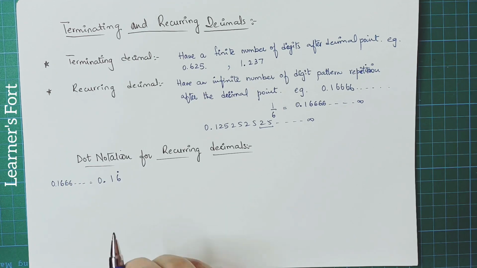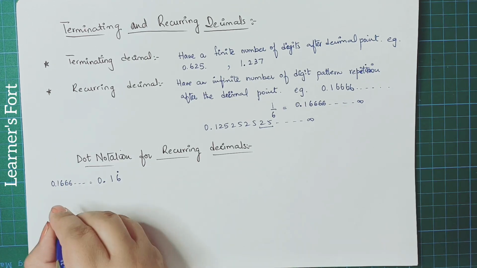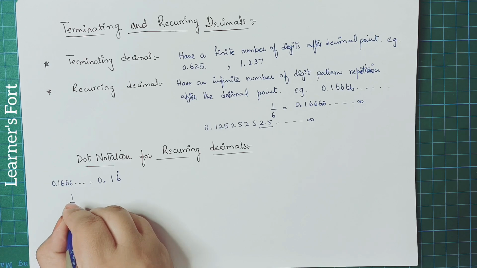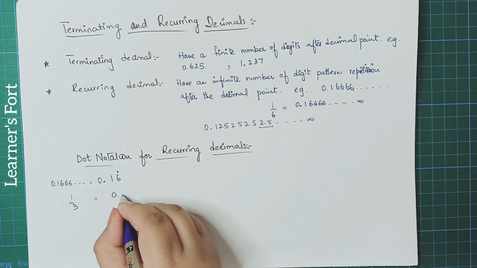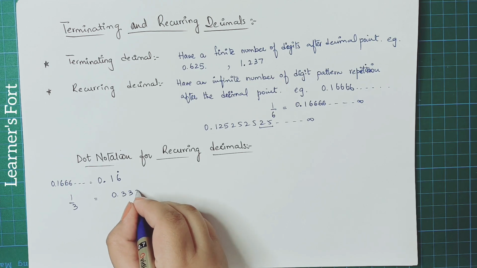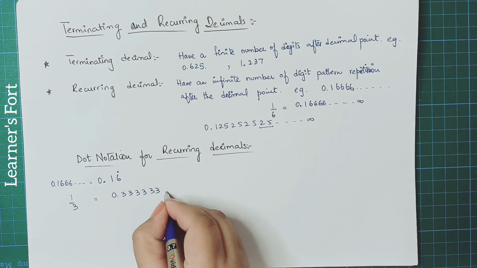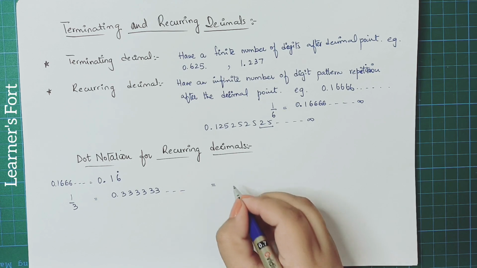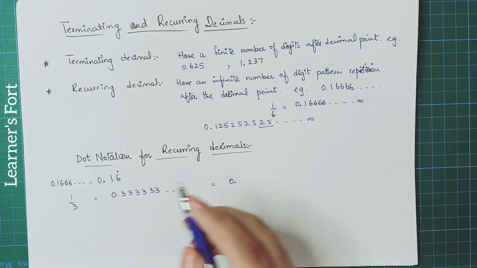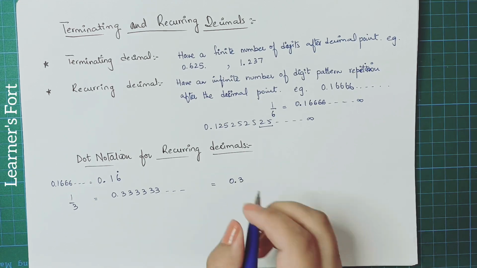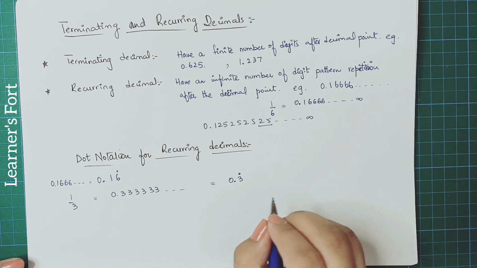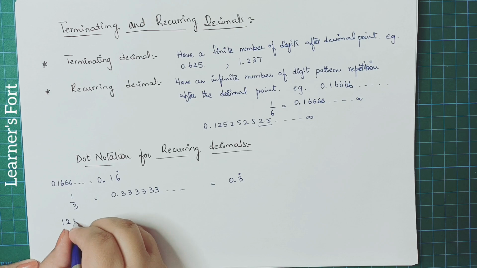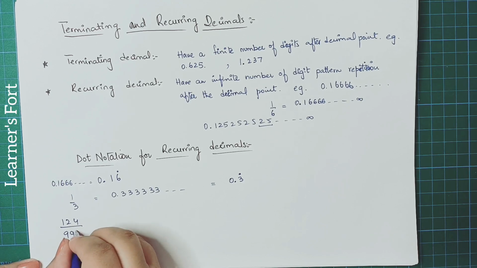Now let's suppose we have the fraction 1 upon 3, which is written as 0.3333333, and so on. Since 3 is repeating itself, we write 3 once and put a dot over it, which means recurring. Let's suppose we have the number 124 upon 999.